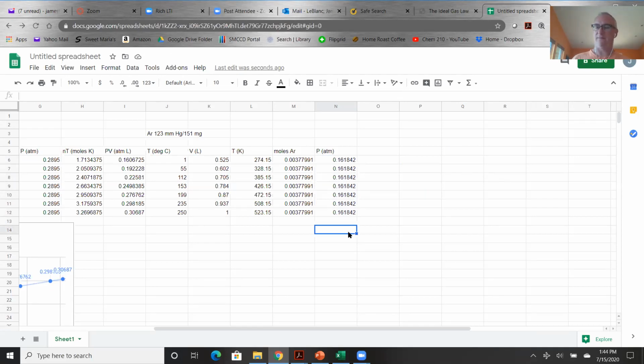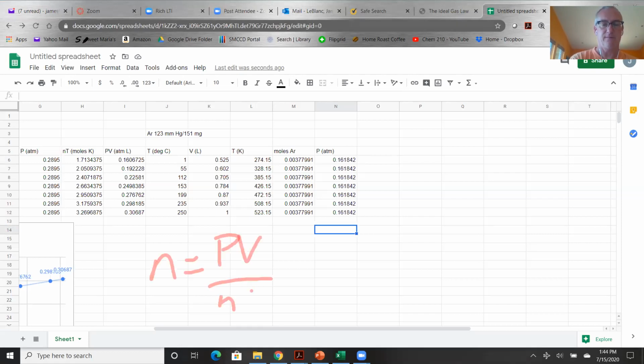Never divide, ever. Okay, so I think we've got all our ducks in a row here. So remember, because of our good friend Pivner, n is going to equal PV divided by RT. So we want to plot nT versus PV, x over y.